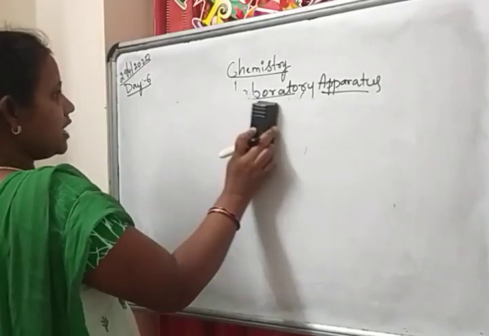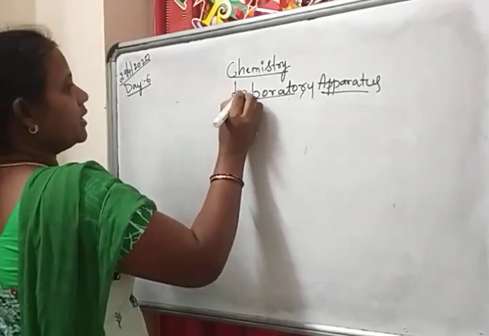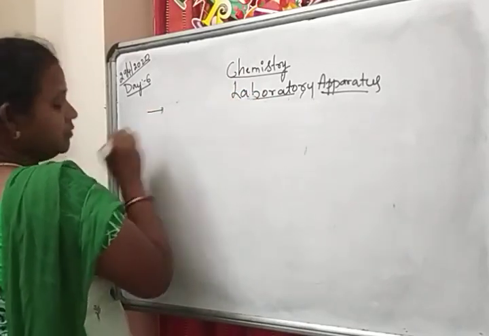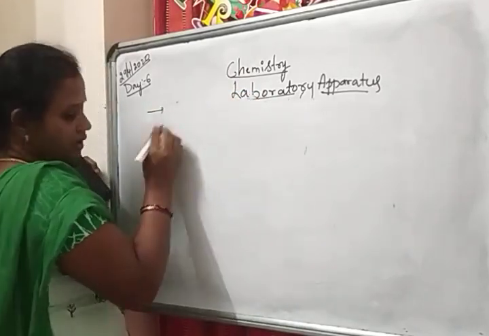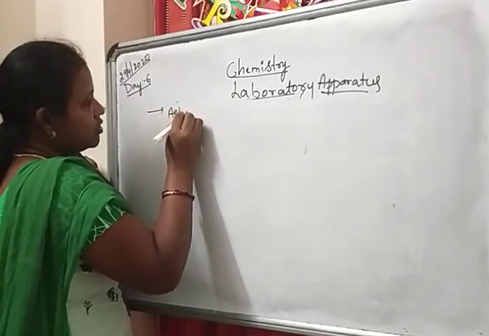So what are the last 3 laboratory apparatus? The first one is asbestos wire gauze.